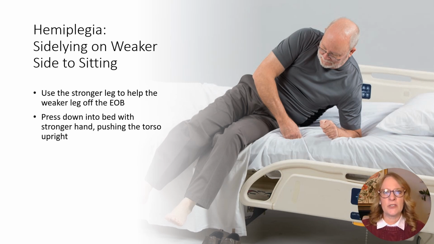What you want to keep in mind is you're going to typically utilize the stronger or the unaffected leg to roll toward that affected side. So that's why we're going from affected side to sitting at the edge of the bed. And you're going to encourage the client to scoot their legs off the edge of the bed using the stronger one to help the weaker leg.